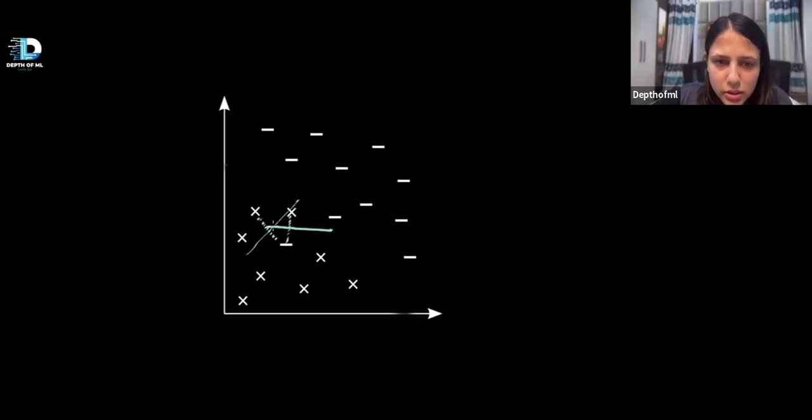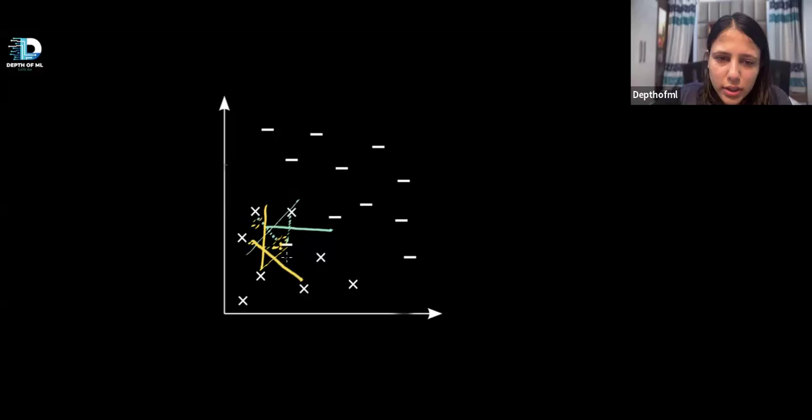Similarly, with this negative point, something like this will give me the decision boundary. This will tell me that points in this region will be classified as negative, points in this particular region will be classified as positive, but in this region negative. Similarly, points to the left of this will be classified as positive, points to the right of this will be classified as negative. This will give me a perpendicular bisector over here.